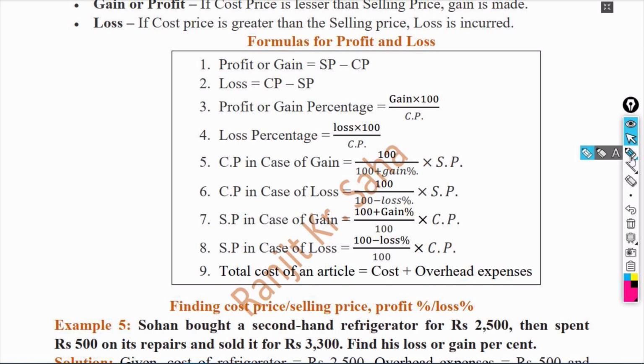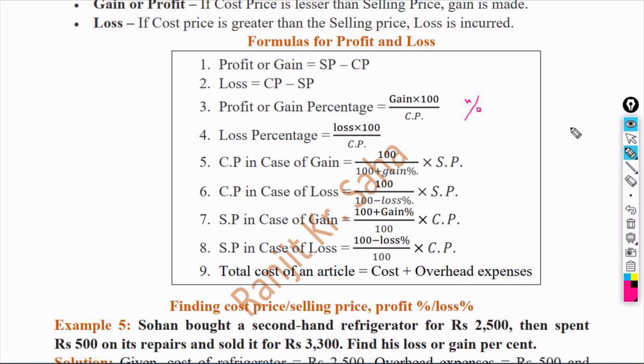And when you are getting the value, you have to put the percentage sign, two zeros placed like that, and a sign like this is percentage. And loss percentage is loss by CP into 100.